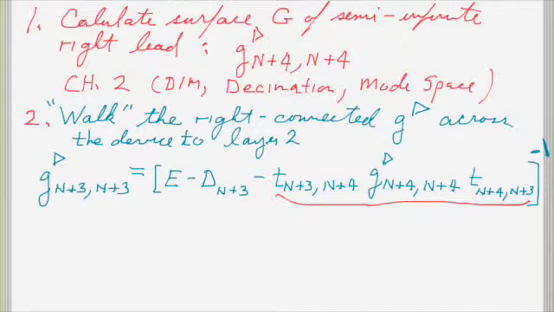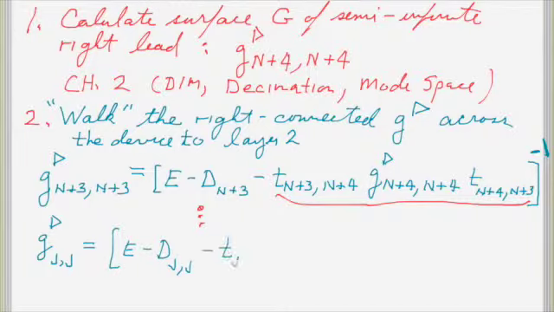And so in general, we just moved it by 1, but in general, the recursive algorithm is that G right connected J, J is equal to E minus D J J minus T J, J plus 1, G right connected J plus 1, J plus 1, T J plus 1, J, the whole thing inverted.